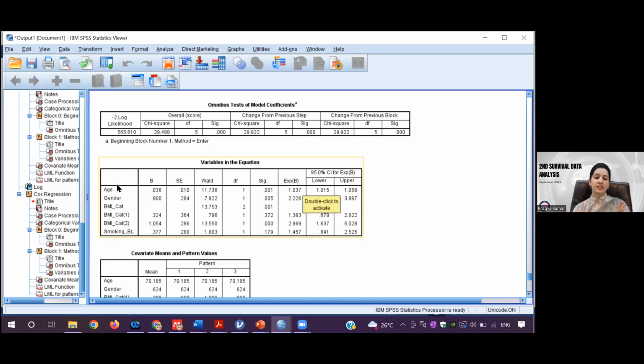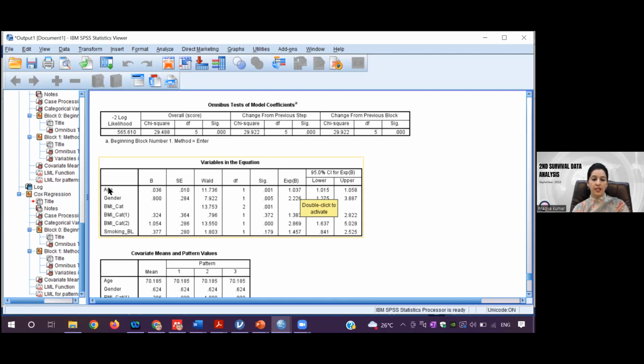With each 1 year increase in age, the hazard ratio in the experiment group will be 1.037 times as compared to the control group.